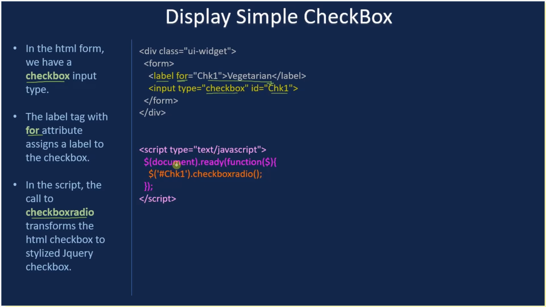And within this script tag, we are making use of the jQuery $(document).ready, right? Inside, if you see #chk1, as #chk1 is the selector, we are selecting the checkbox with the ID chk1. After that, we are making a call on that DOM element. The call is checkboxradio. So this will transform this checkbox into a jQuery checkbox.